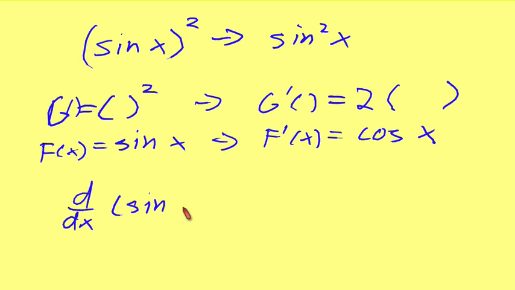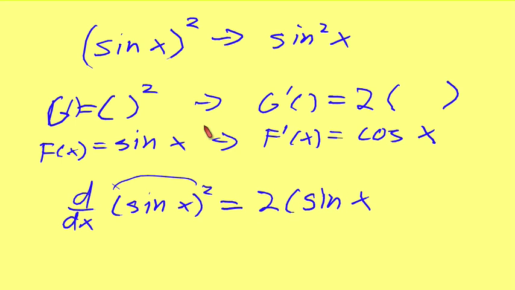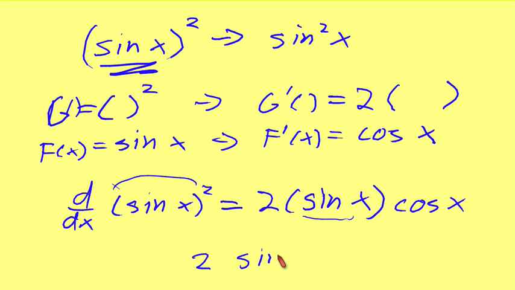Sine x squared is going to equal, bring the 2 to the front, 2 sine of x. As always, what's inside the parentheses doesn't change. It's the same thing in the parentheses afterwards. Times the derivative inside the parentheses, which is cosine of x. So the answer we get is 2 sine x cosine x.